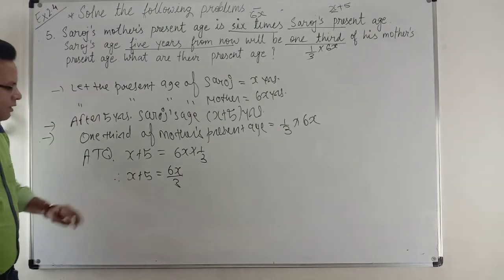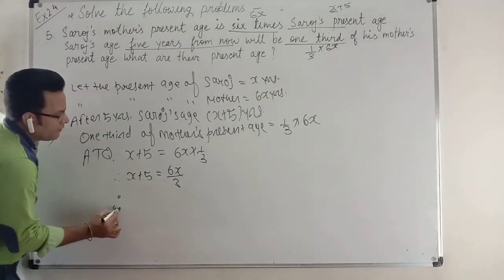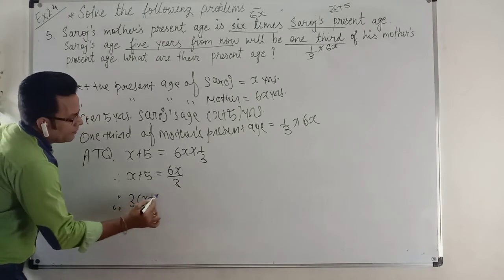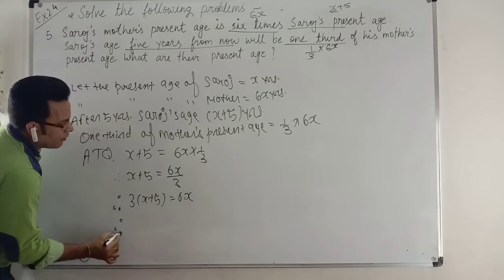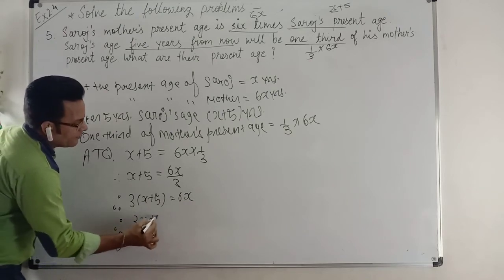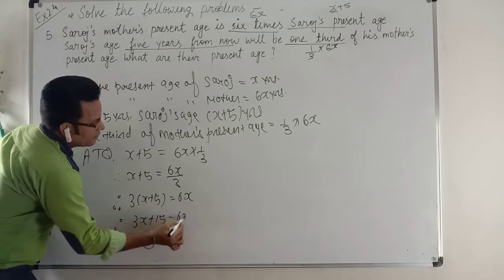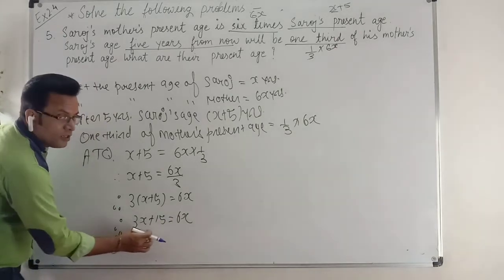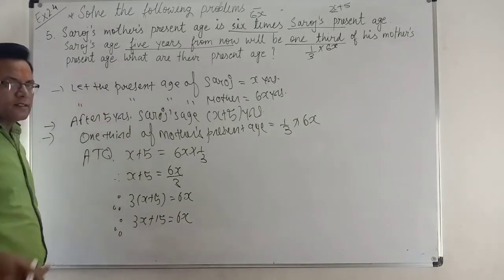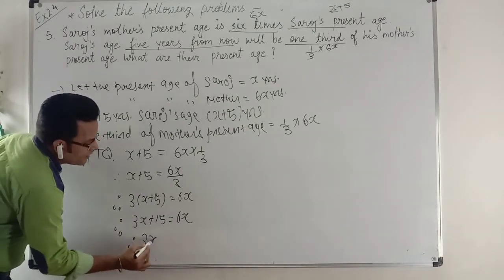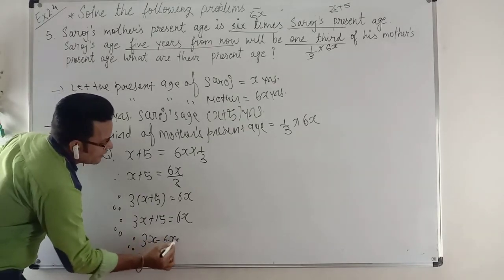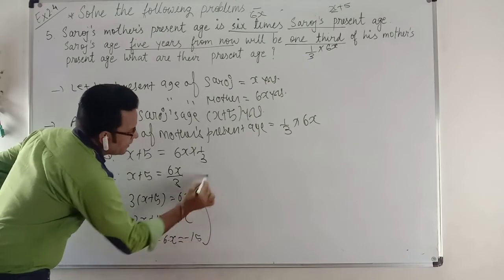Division changes to multiplication. Therefore, 3 into x plus 5 is equal to 6x. Therefore, 3 into x, 3x, 3 fives are 15, is equal to 6x. Now, you have to move the terms and the sign will be changed. Therefore, 3x minus 6x is equal to minus 15.